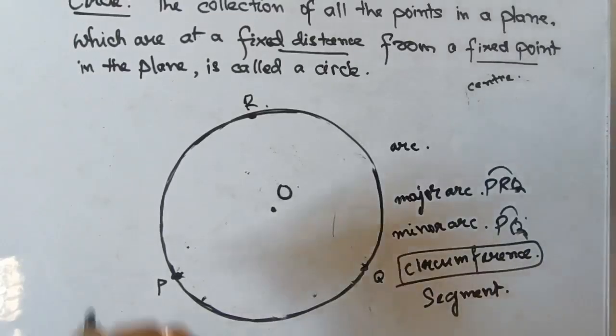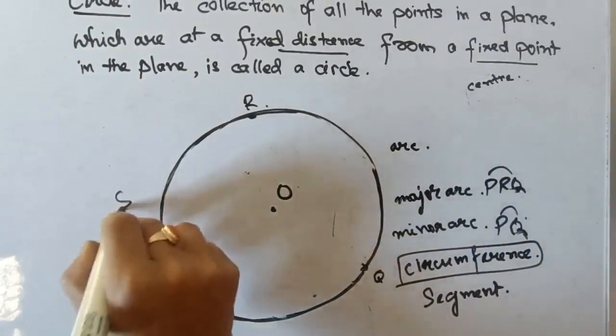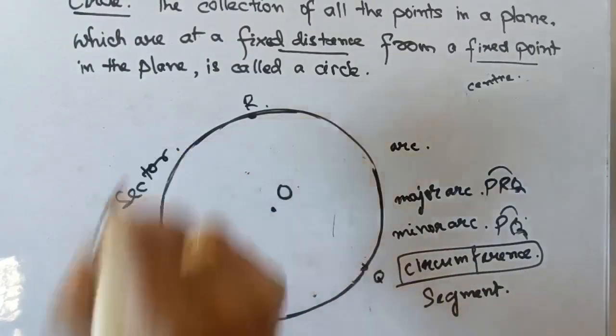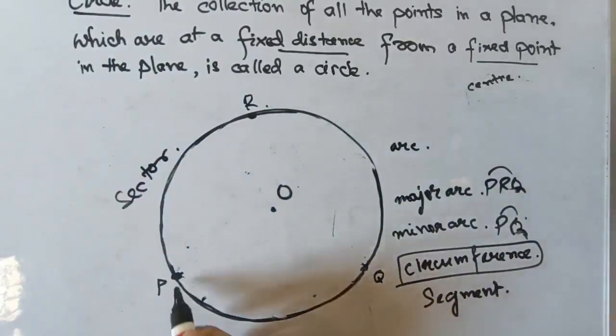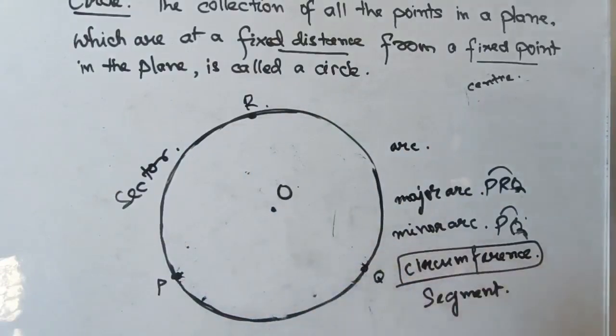Next, let us study the sector of a circle. So what is the sector of a circle? Consider these 2 points P and Q on the circle. PRQ will be the major arc and PQ will be the minor arc.